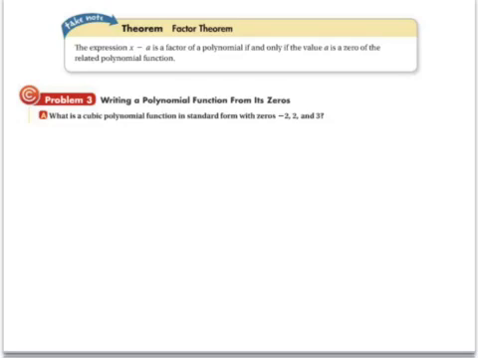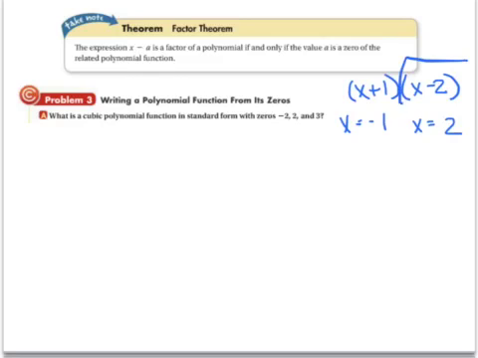What does that mean? It means that whenever we're factoring and then we're solving, we would maybe have x plus 1 times x minus 2. I'm just making these up. Then we would solve that and say our zeros are negative 1 and positive 2. What the factor theorem is saying is that your expression, such as this x minus 2, is a factor of our polynomial only if 2 is a 0 of the polynomial.